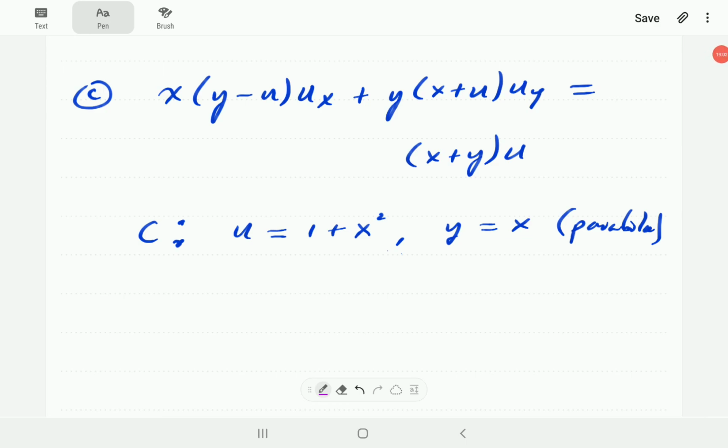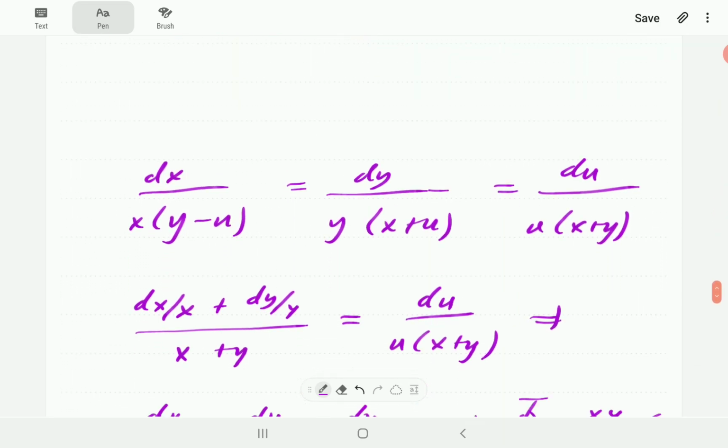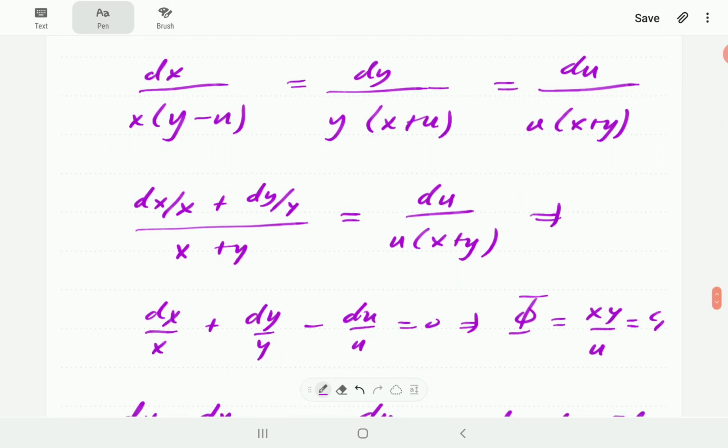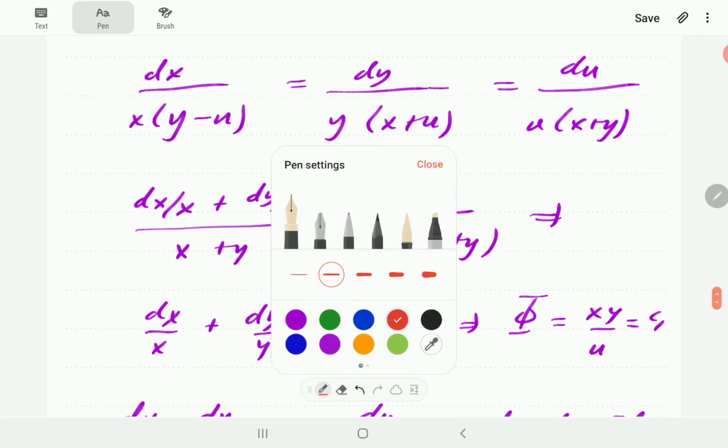Okay, at this point we are hoping you've had a go at this. I'm going to scroll down to show you our solution for comparison. So for this problem, the characteristic ODEs are going to be as shown here.